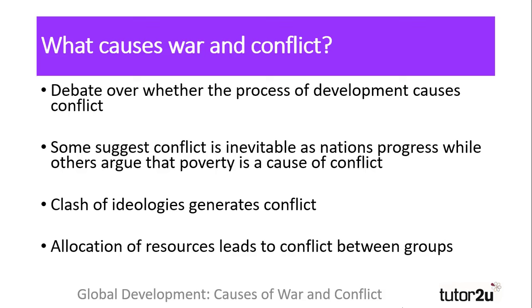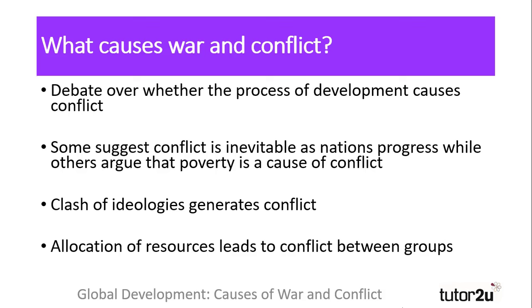One of the debates in global development is over the extent to which underdevelopment causes conflict, that is, poverty and deprivation being the main drivers of conflict within a nation and between nations. Some approaches suggest that conflict in the developing world is inevitable as nations progress, and they point to the period of the Industrial Revolution in the West and the wars and conflicts that occurred throughout this period as evidence of this.